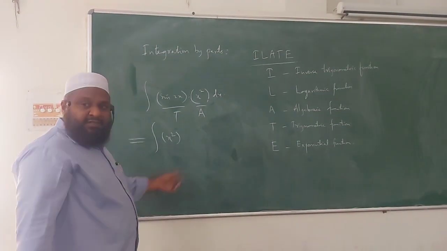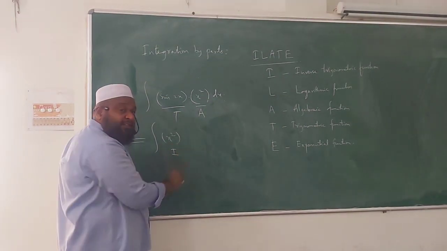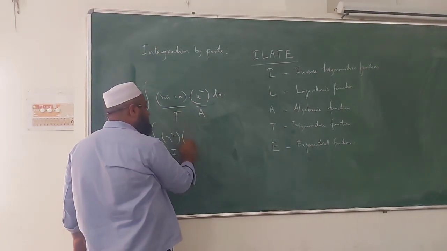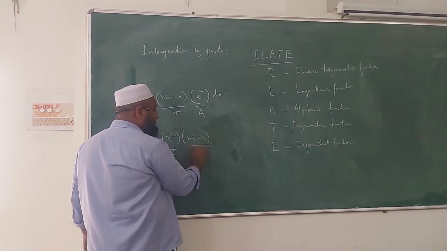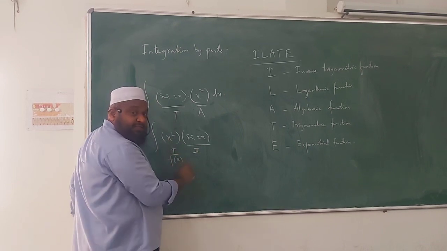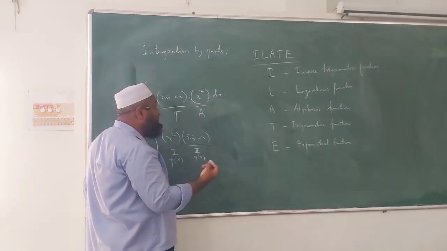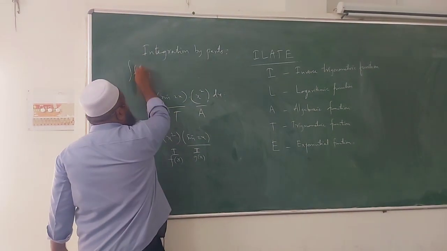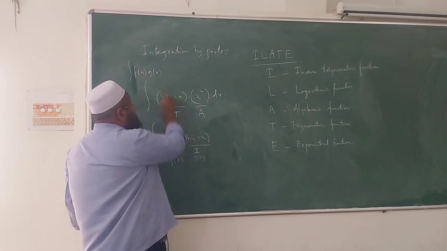Back to the point, x square takes the first place, so this becomes the first function. The second function becomes sin 2x. So the first function is to be treated as f of x, the second function as g of x. Then you know what the integral is. I am repeating again, the integral of f of x into g of x dx.